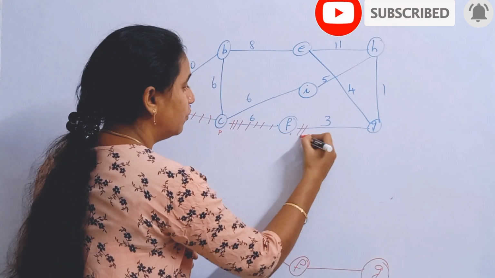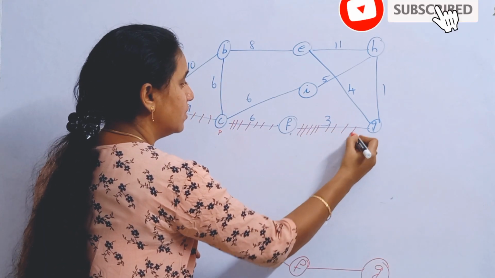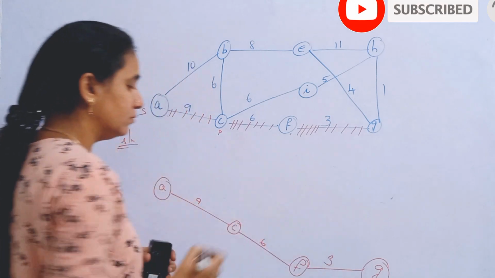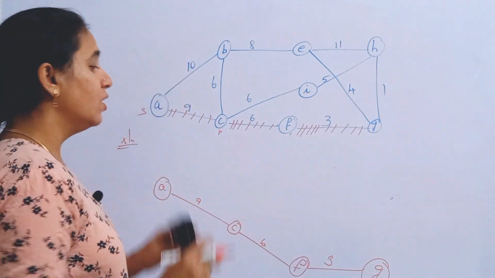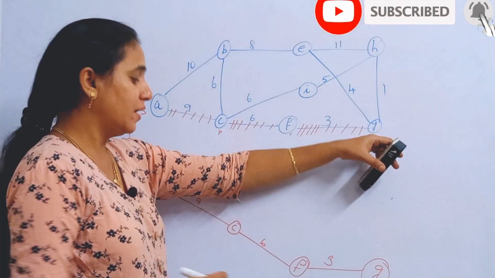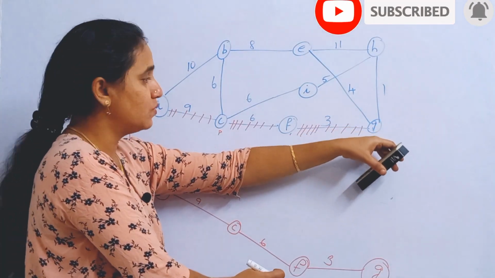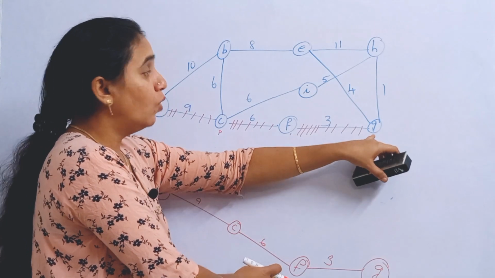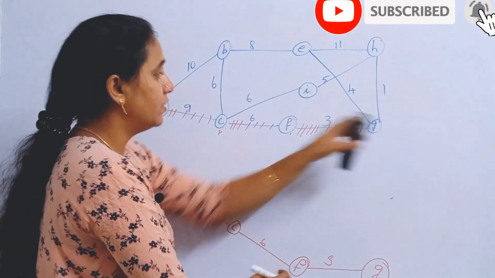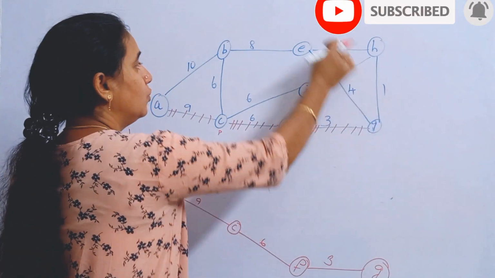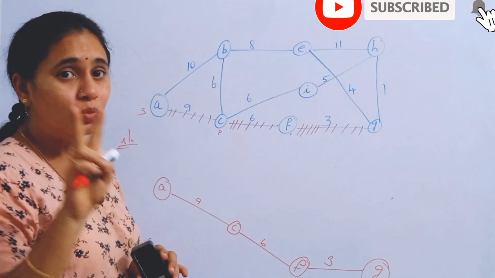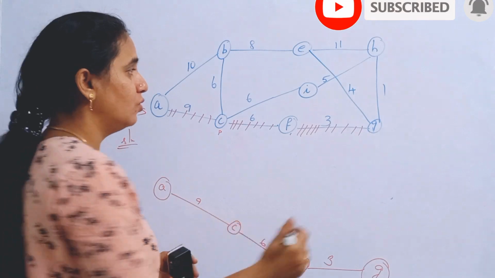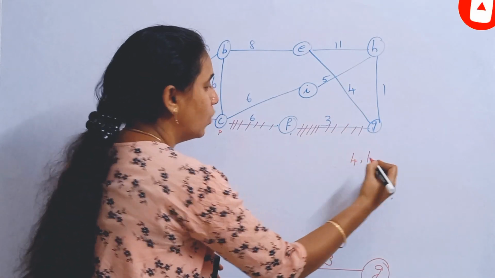Friends, are you all able to follow? So now this is the edge that is being selected, I have drawn. So now this is my current vertex and this is my previous vertex. So from G, what are all the edges that are adjacent? G to E, G to H. So 2 edges are adjacent. So what are its values? 4 and 1.